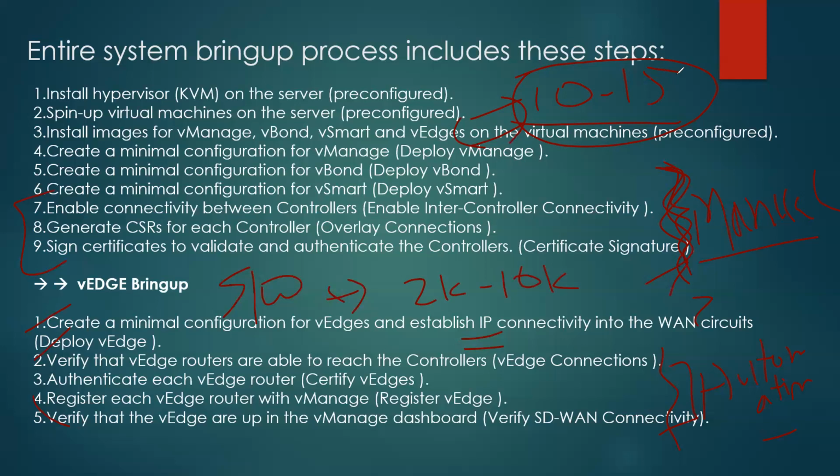Now for all 2,000 to 10,000 devices, you will not do manual certification, right? It's not practical. But for 10 to 15 devices, you can do manual certification. There is no problem. So that's the practical approach. You'll find that the certification process nowadays is also automated if you follow some Cisco root certificates and all.